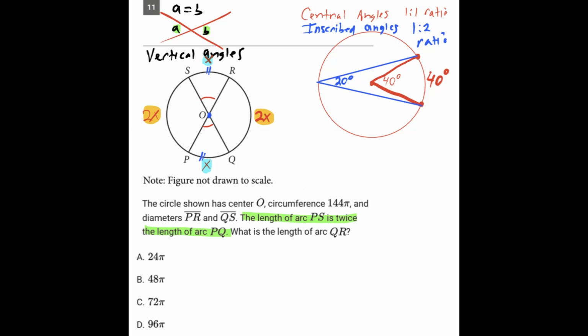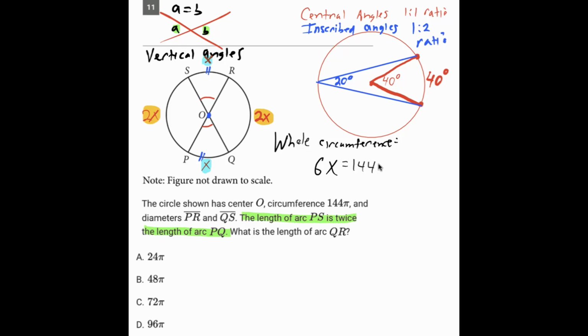So now if I want the whole circumference in terms of x, that whole circumference is 2x plus x plus 2x plus x. In other words, it's 6x. So the whole circumference is 6x, but they told us in this question that the circumference is equal to 144 pi.